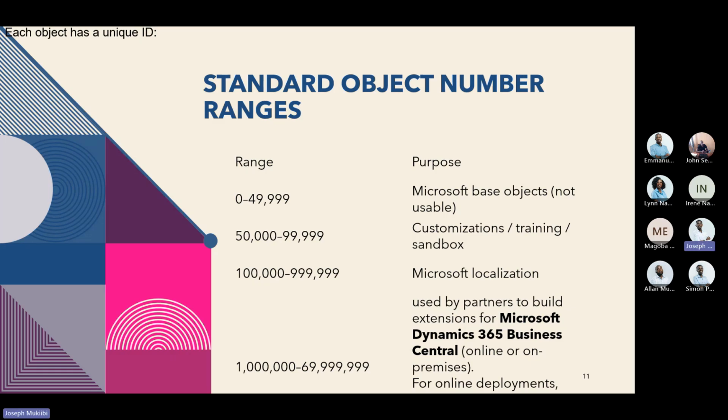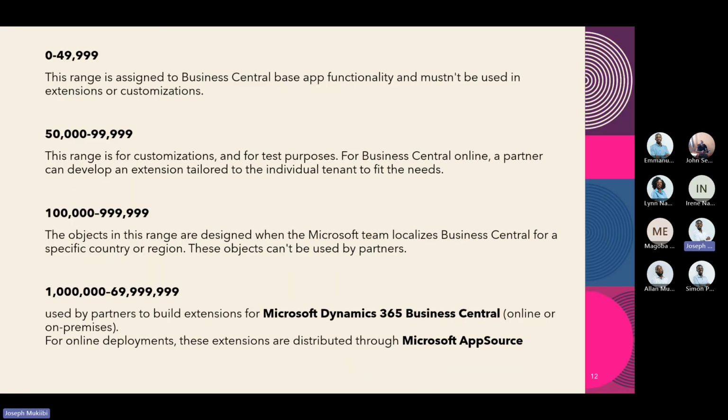Then from 50,000 to that is for customizations, training, and sandbox. Then we have from 100,000 to that, and these ones are specific to regions. I can just move to the next slide that explains it better.